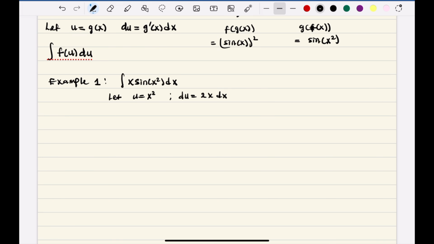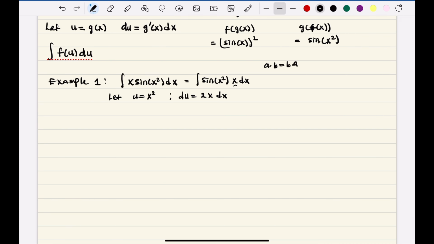I can write this as the integral of sine of x squared multiplied by x dx, because a times b is still the same as b times a.